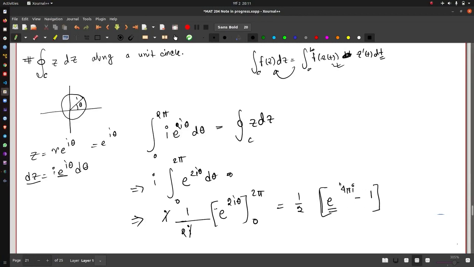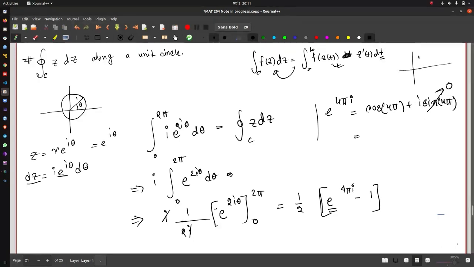And what is e to the power 4 pi I? Well, you can take help of Euler's identity to figure it out. That is cosine 4 pi plus I sine 4 pi. Sine 4 pi would be 0 because sine n pi is 0, and cosine 4 pi would be what? This would be 1, I guess.